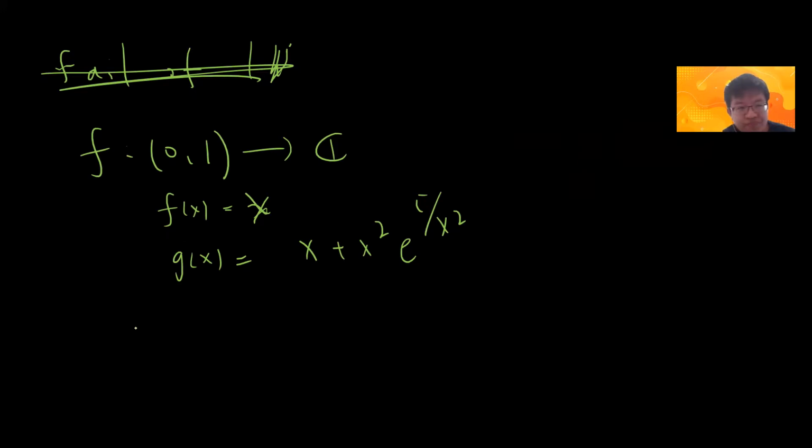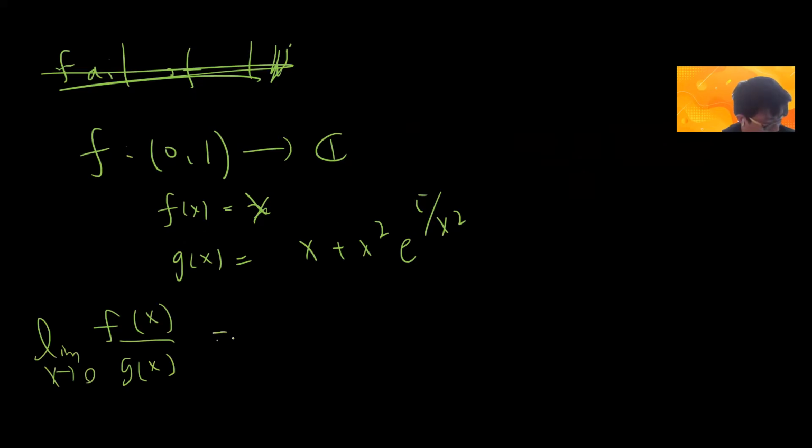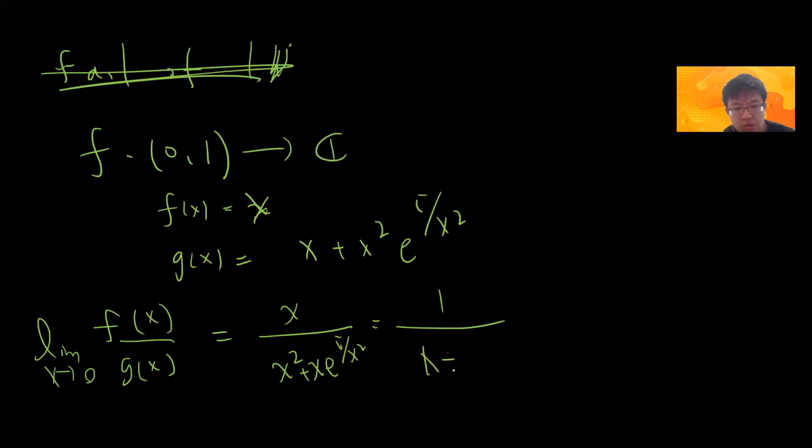Obviously, let's work on f of x divided by g of x. This is x divided by x plus e to the i over x squared. Sorry, I made a mistake: this is x squared, this is x.